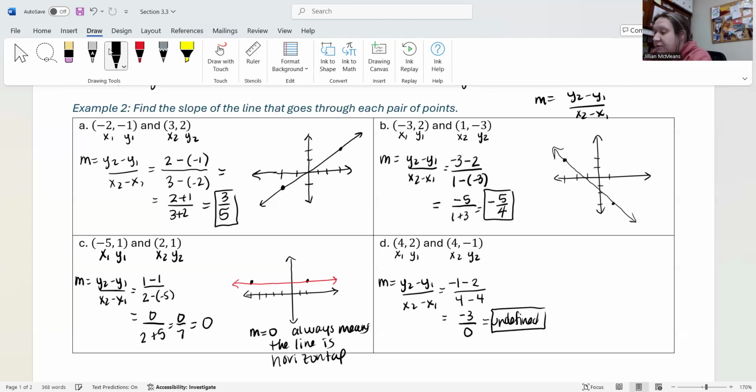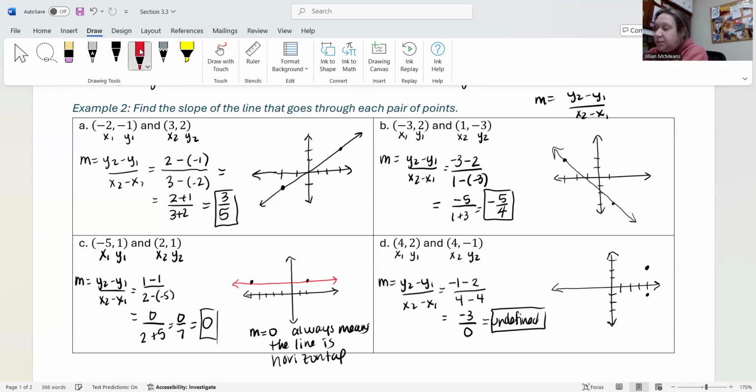All right, so we have a positive slope, a negative slope, a 0 slope, and now we have an undefined slope. So what do we think that's going to look like? Well, let's draw it. We have our x and our y axis, so we did y first, x second. All right, so for the first point, we go to the right 4, up 2. Second point, we go to the right 4, down 1.